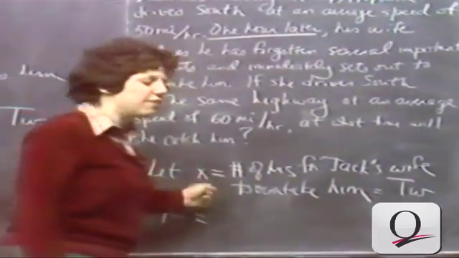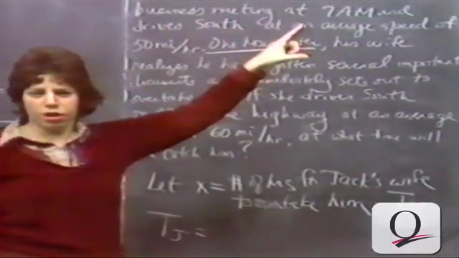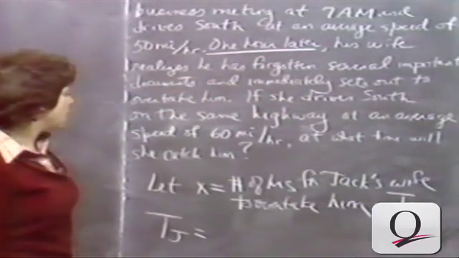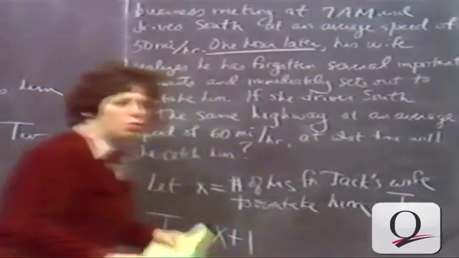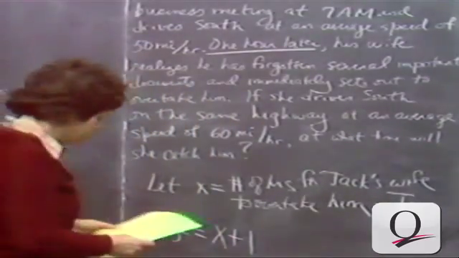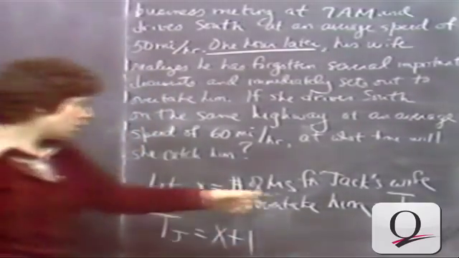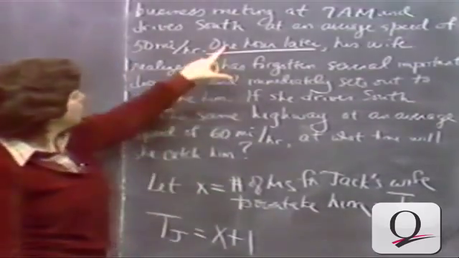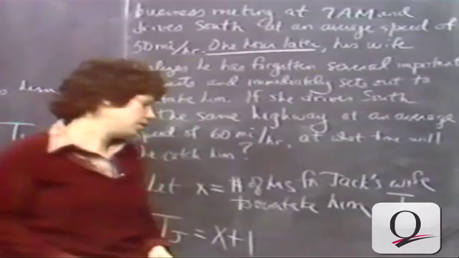So if she is traveling x hours, since he started an hour before, he started at 7, she's starting at 8. He must be traveling x plus 1 hours. So x plus 1, that's the time that Jack is traveling. His wife travels x hours. That's the number of hours to overtake him. Since he got in the car an hour before, he will be traveling x plus 1 hours.